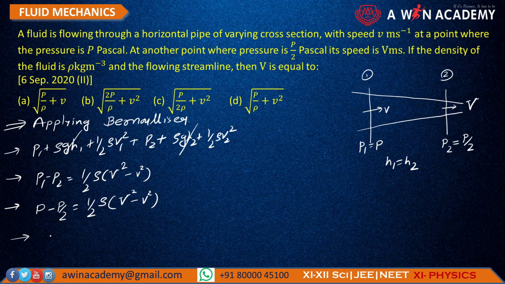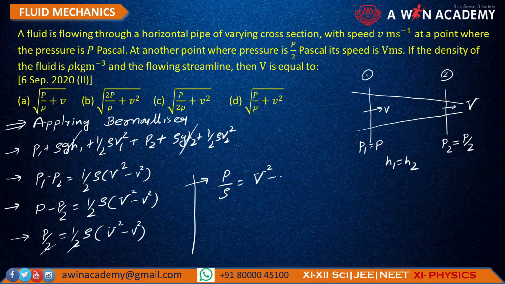Here P minus P by 2 is P by 2, equal to 1 by 2 rho V square minus v square. Here 2 cancels. Then you can note that P by rho is equal to V square minus v square.